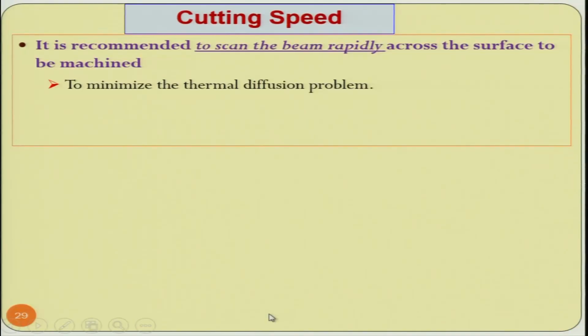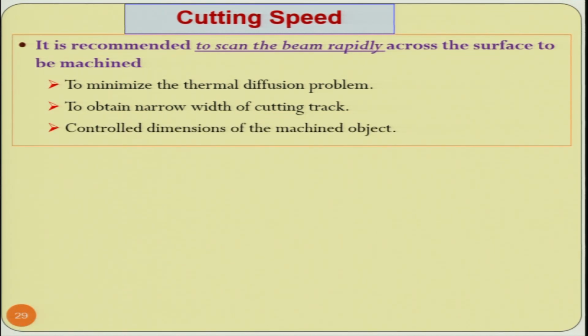So, it is also needed to minimize the thermal diffusion problem, to obtain narrow width of cutting track that we have seen earlier also, and the controlled dimension of the machined object, because if thermal diffusion is taking place, then you may end up with a larger heat affected zone, which is not desirable.